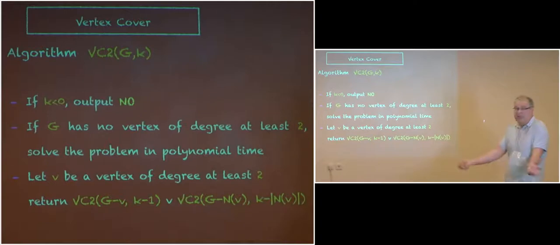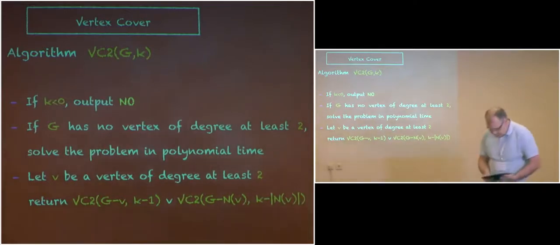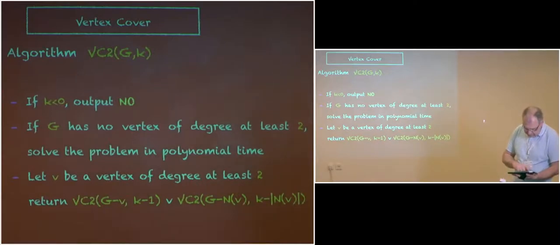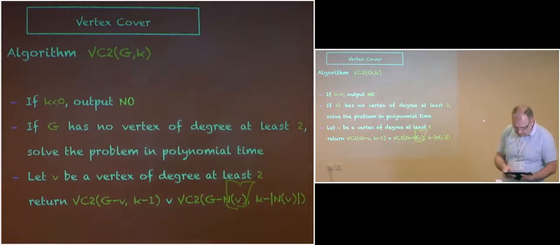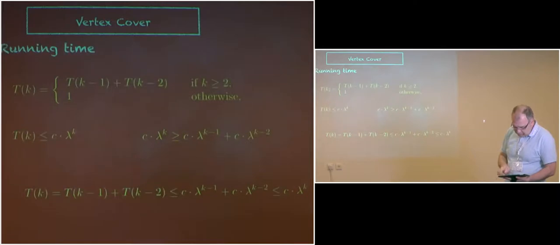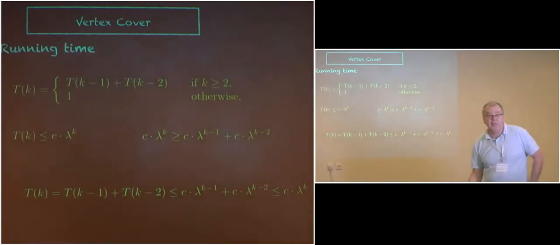So I call my algorithm recursively. Here is a tiny mistake: I should not remove the open neighborhood only. I should remove the vertex itself and its neighbors also, from the graph.